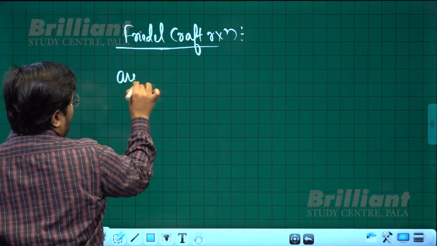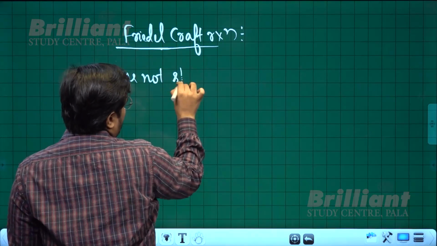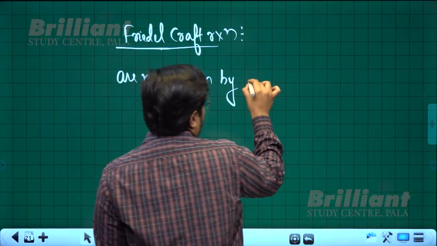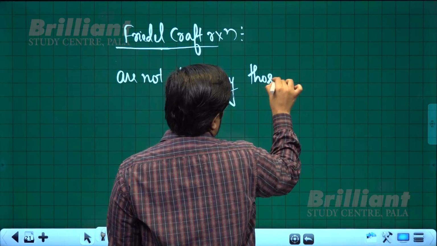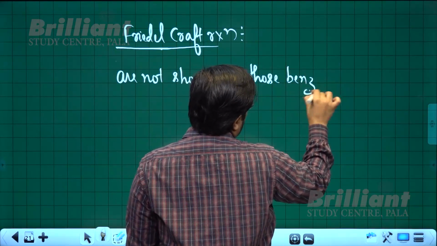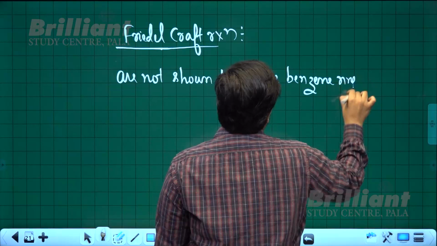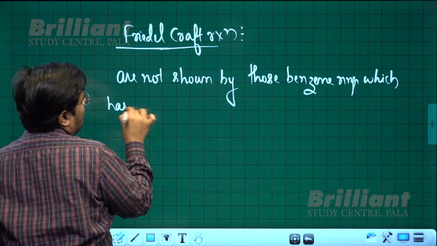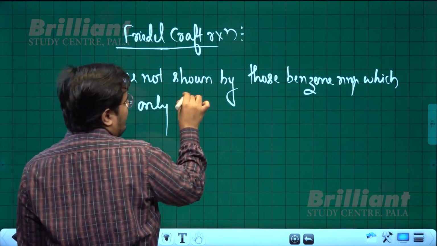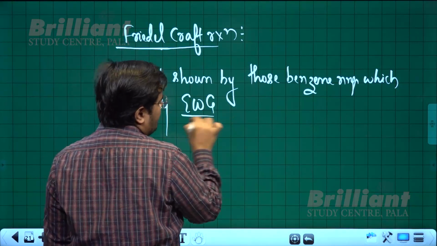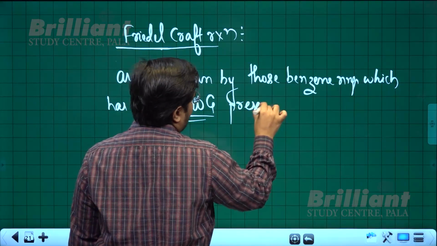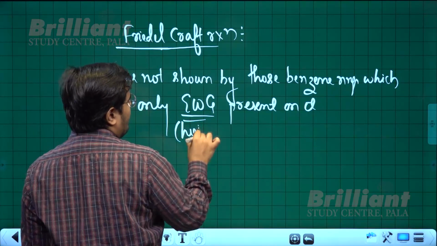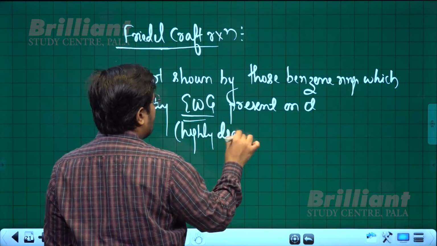Friedel-Crafts reactions are not shown by those benzene rings which have only an electron withdrawing group present on them, or where that electron withdrawing group is highly deactivating.